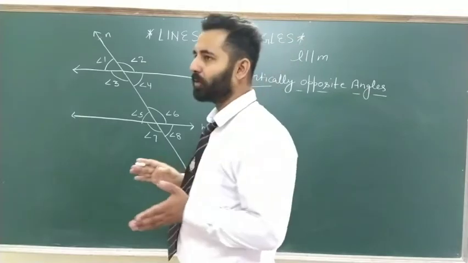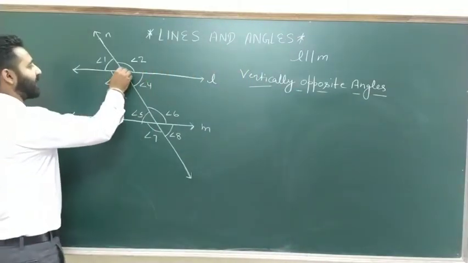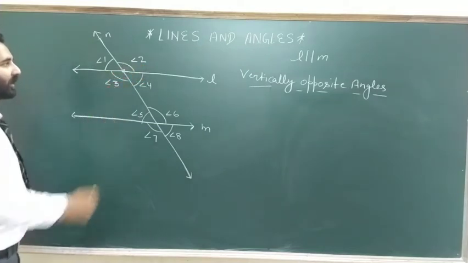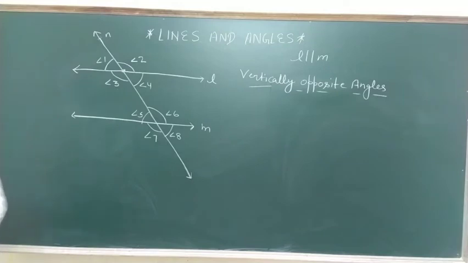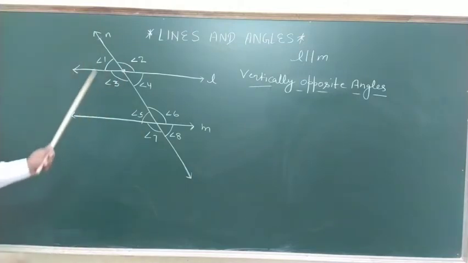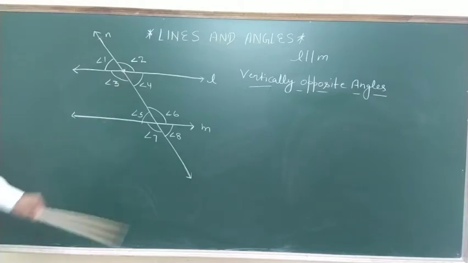Now vertically opposite means they have the same vertex but are on opposite sides. For example, this is the common vertex. First, angle 2 and angle 3 are vertically opposite. Same way, angle 1 and angle 4 are also vertically opposite angles.